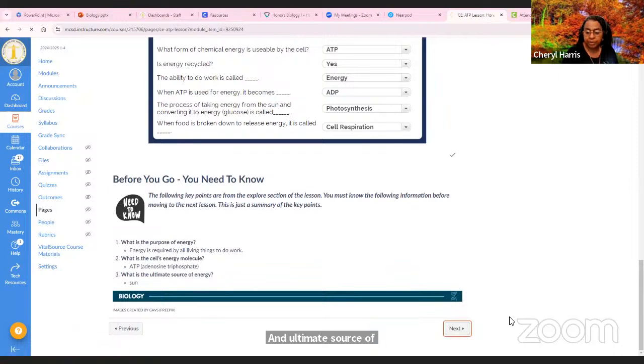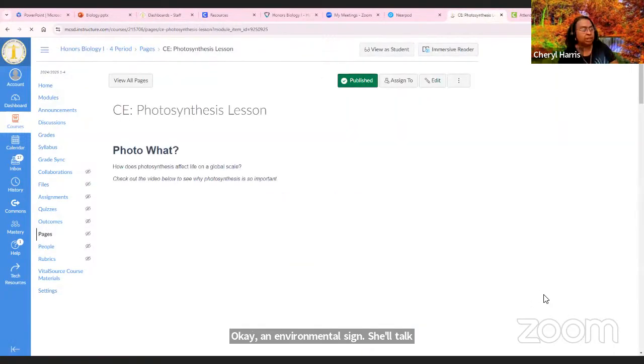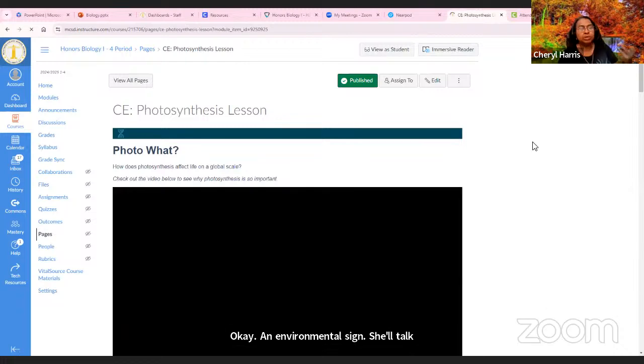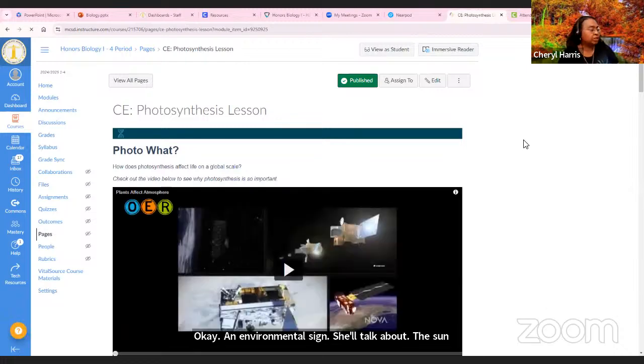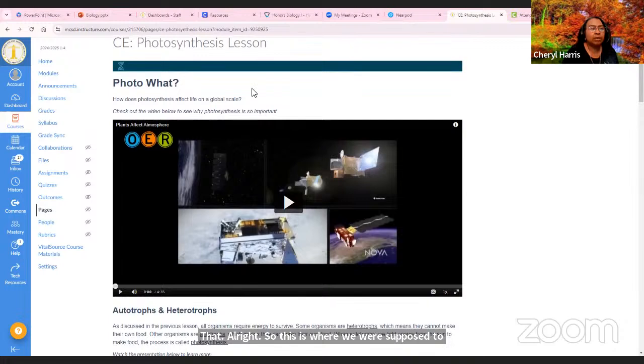In environmental science, you'll talk about the sun being the beginning, then the producers, and all other things get their energy from that. All right, so this is where we were supposed to be today. Photosynthesis means it takes in light. So light is an important part of photosynthesis.